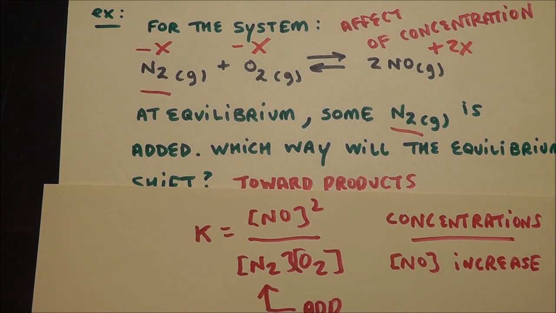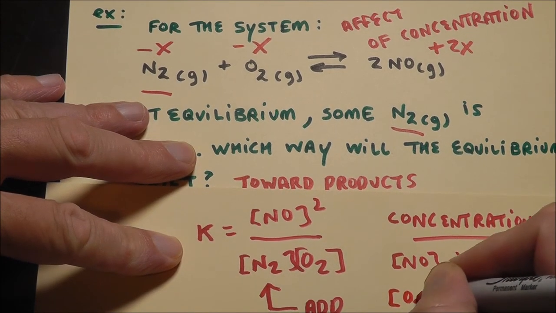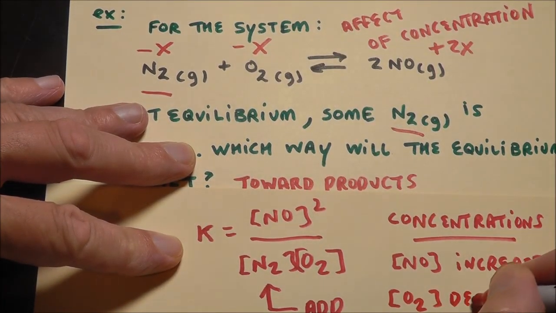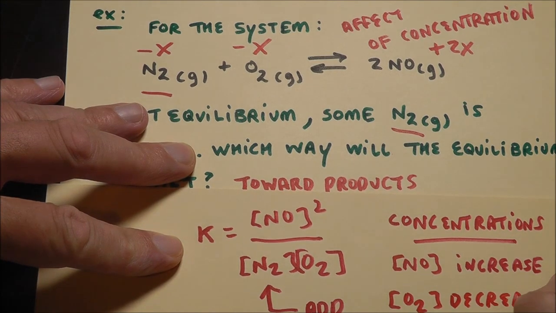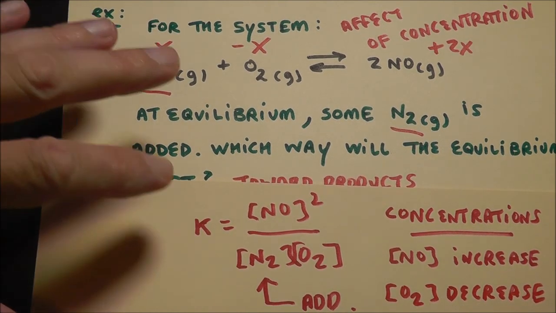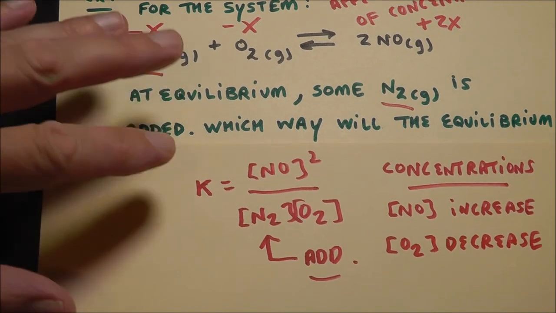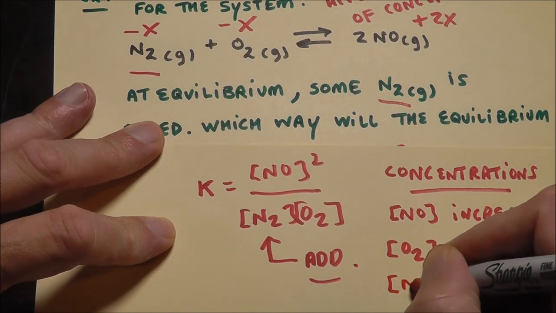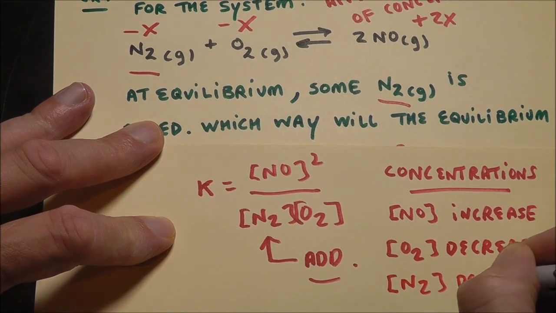And so the O2 concentration will have to decrease because it will have to contribute to making this Q value go back to K. And after this change has been enacted, we don't know the initial concentration or the final, we don't know how much we added, and you could figure it out mathematically, but the N2 after you've added it will decrease.